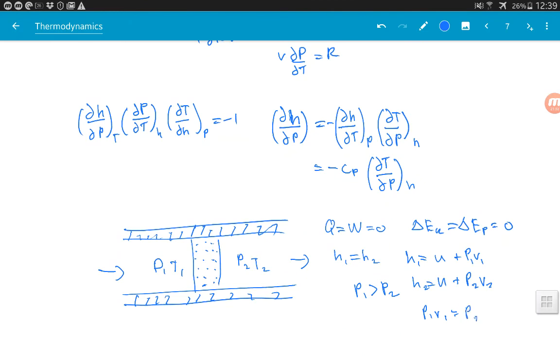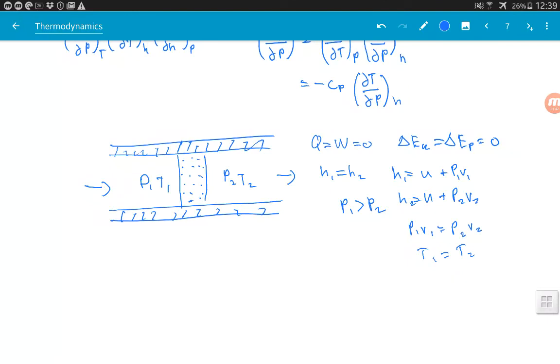When these two things happen, we go to the ideal gas law, which indicates that T1 and T2 are equal. So this is for the ideal case.